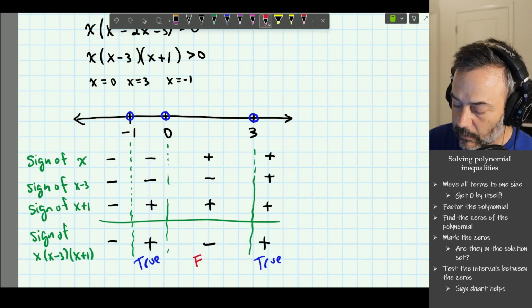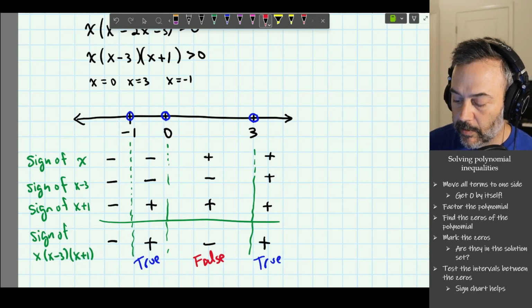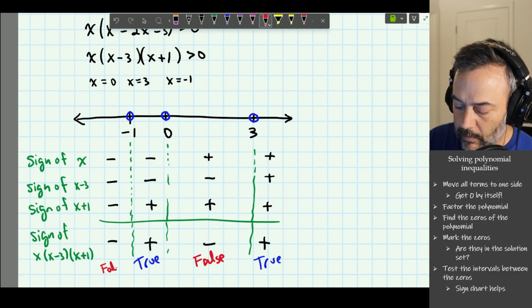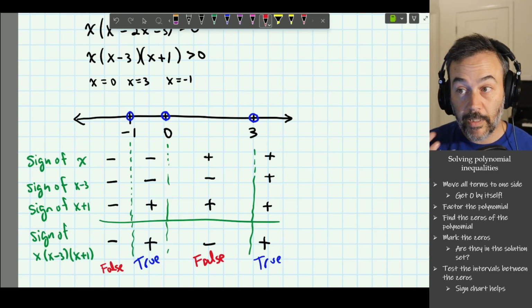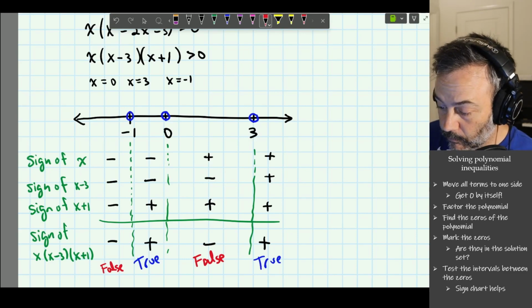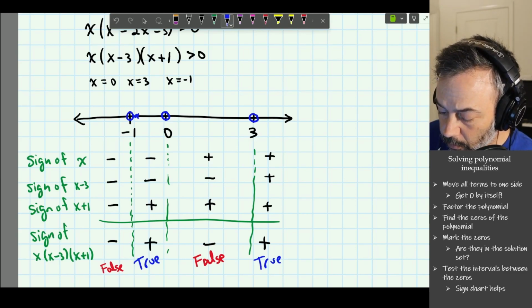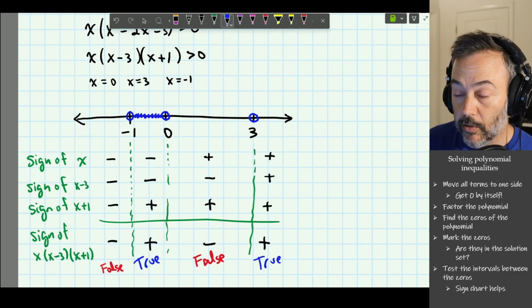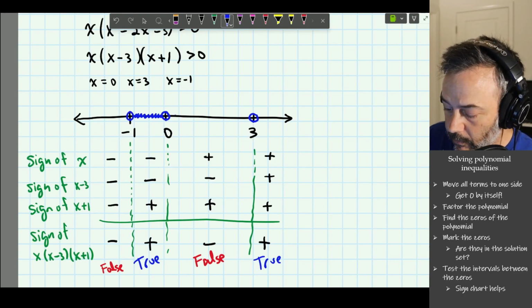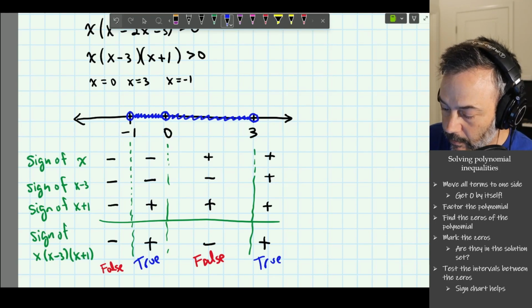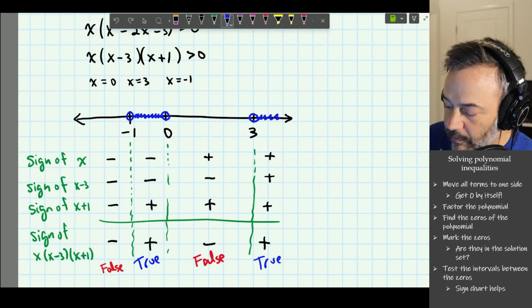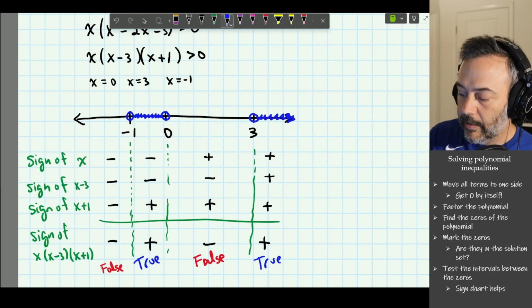It is false between 0 and 3, and it's false between -infinity and -1. So our solution set is all the points between -1 and 0, and all the points between 3 and positive infinity.